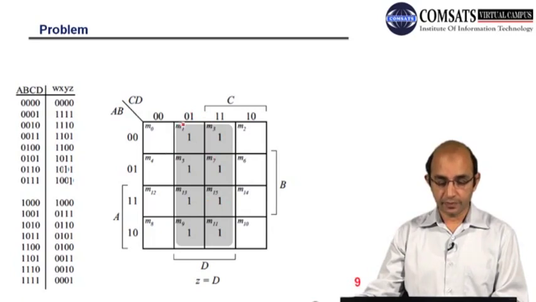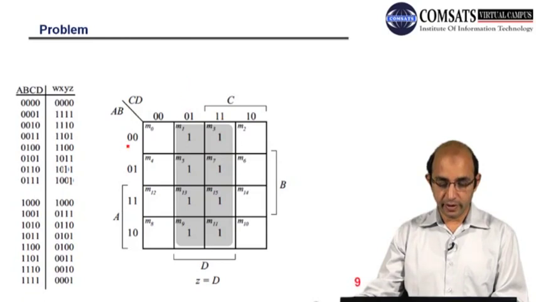So we have a quad here, because we have the maximum possible simplification by having the quad. As a result of this quad we will be having D only, right, because C bar C will cancel out.